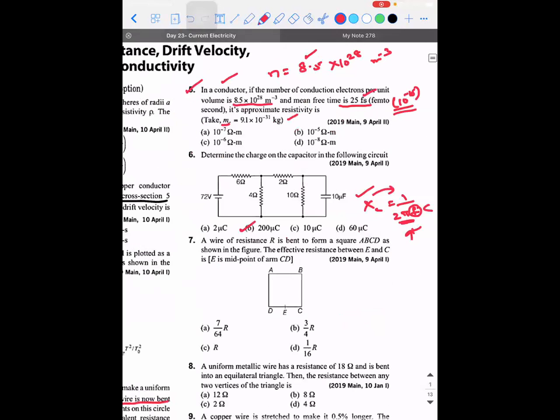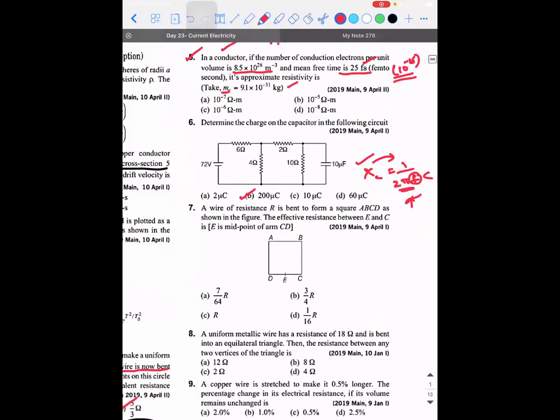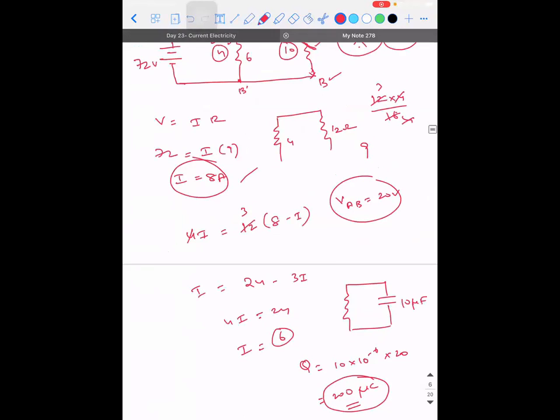Yeah, copy it. Sir, I copied. Copied? Okay.